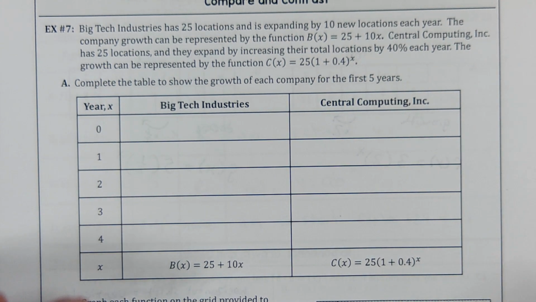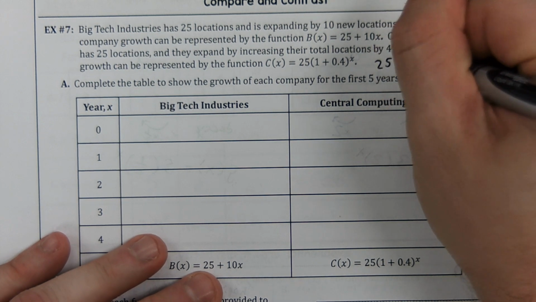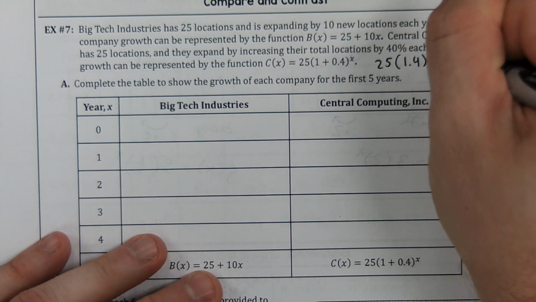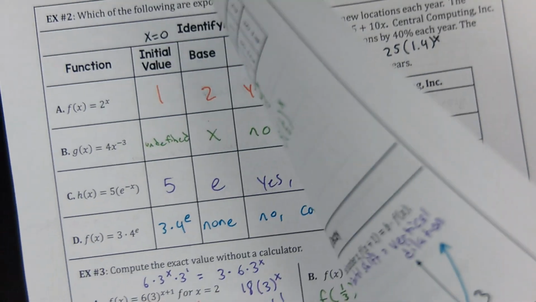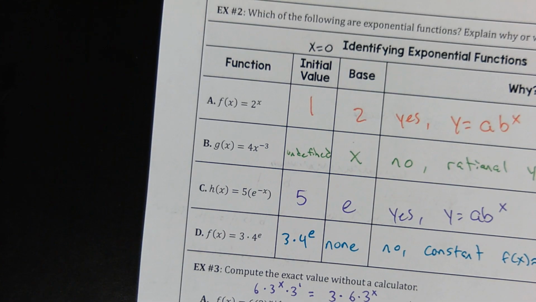So for those of us that are keeping track, that is 25 times 1.4 to the x. So 1.4 is the growth factor. The growth rate is 0.4 or 40%. Okay? So now that we've said that, let's come back here.